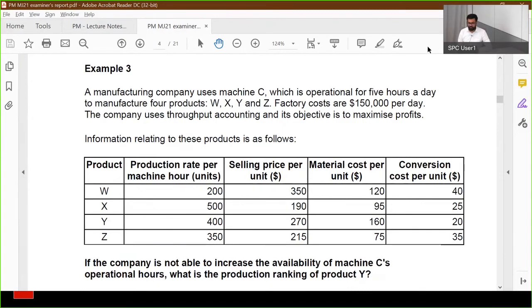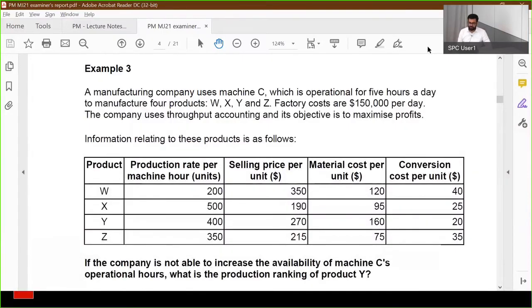Before we read the remaining data, we need to first recall the steps. We would have studied this during our preparation phase: how to tackle throughput accounting questions. Step number 1 is identifying the bottleneck process.